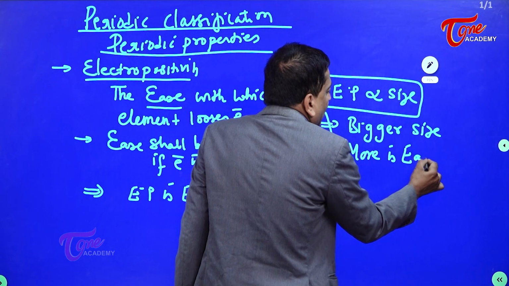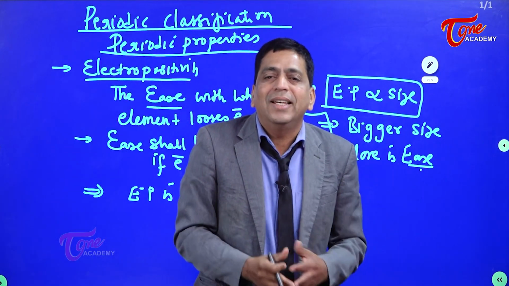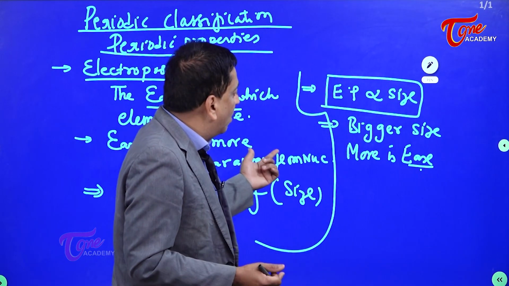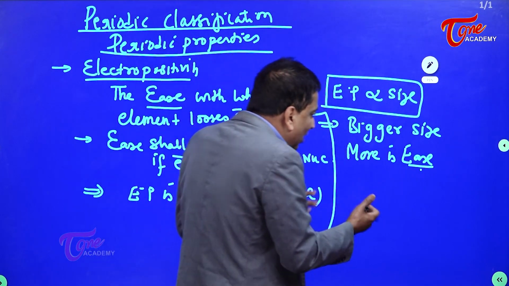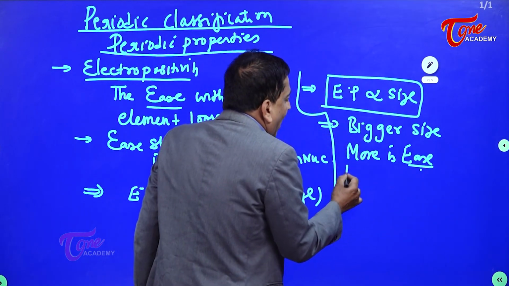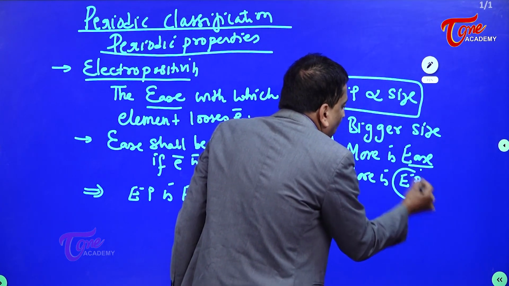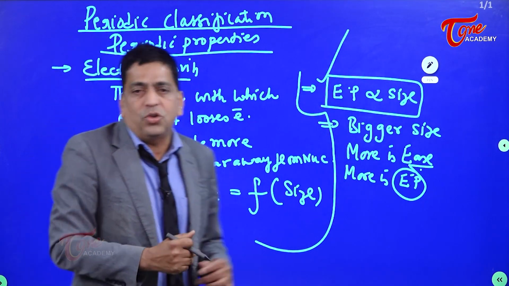Ease is the thing which is easy to do things. In this case, it's easy to remove electrons. So when you have a bigger size, more is the ease to remove electrons, and then more is electropositivity. So it's a direct relation between electropositivity and size.